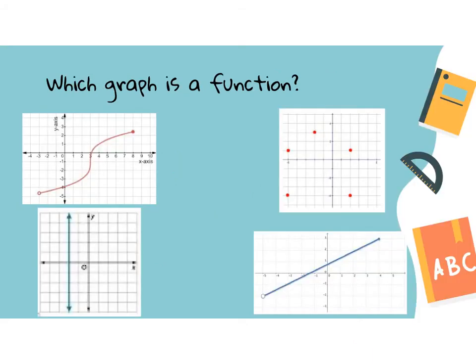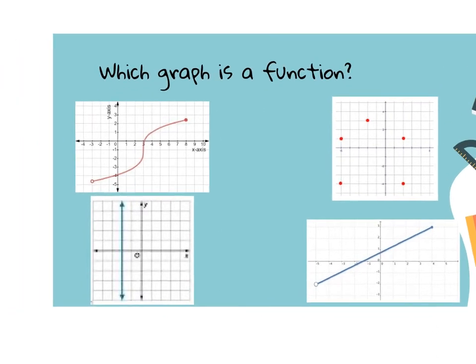So now let's go ahead and identify which graphs are a function. If I were you right now, just to practice, I would pause the video right now and try it on your own to see if you can remember from a graph if it's a function. So looking at the first one, when I take my vertical line test, so basically you're taking a vertical line and you're moving it up and down your graph.